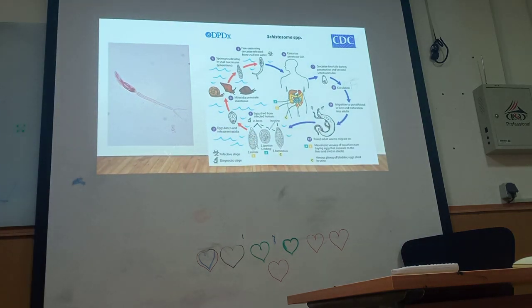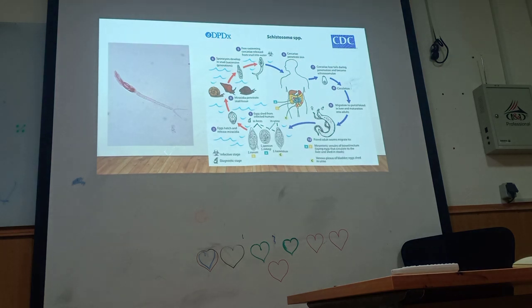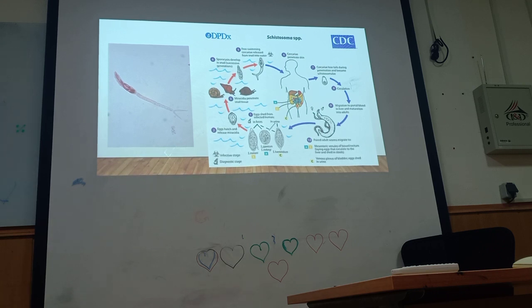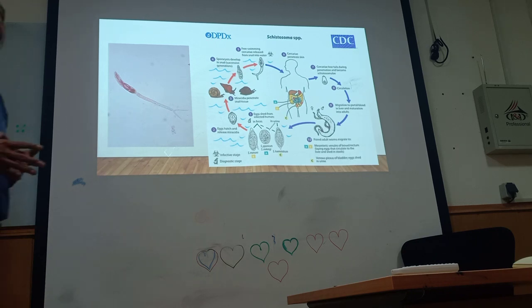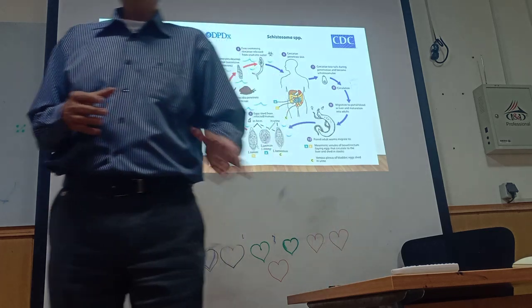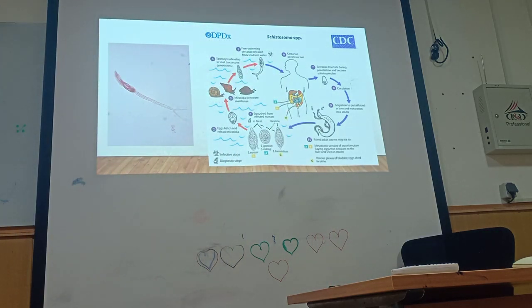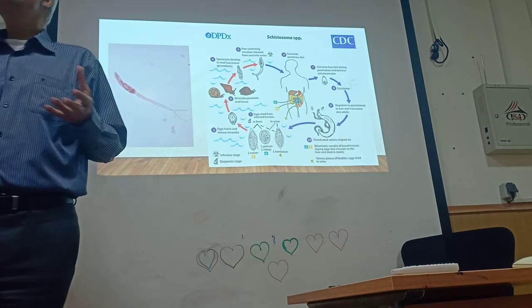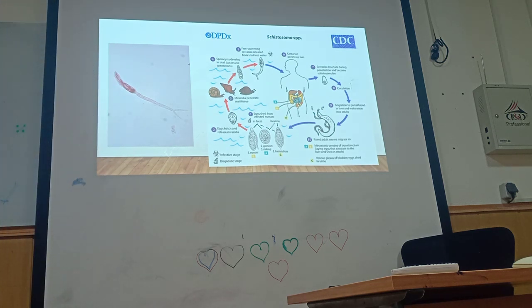And how we go on in the life cycle depends on the species of the parasite. For instance, if they reside in the urinary tract, the eggs are found in urine samples, and if they are intestinal, they are in the feces of the patients.